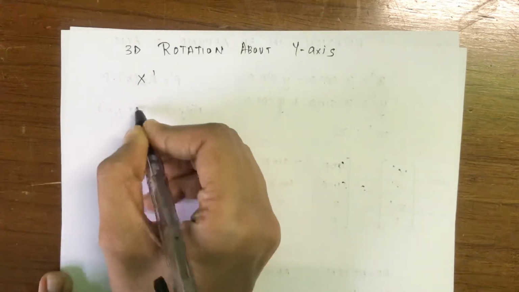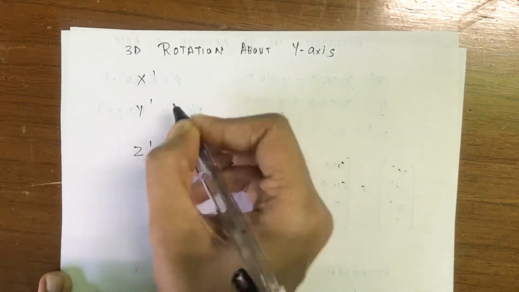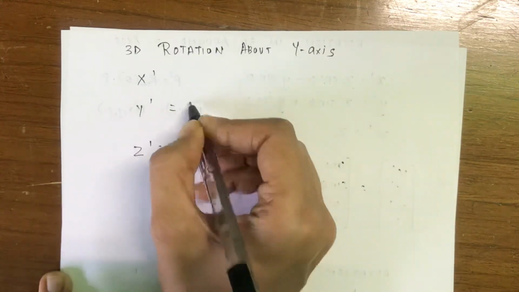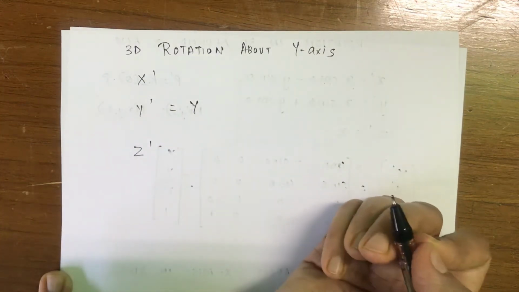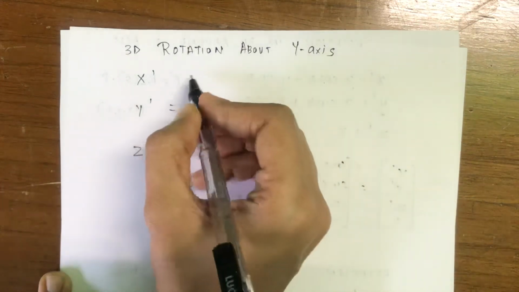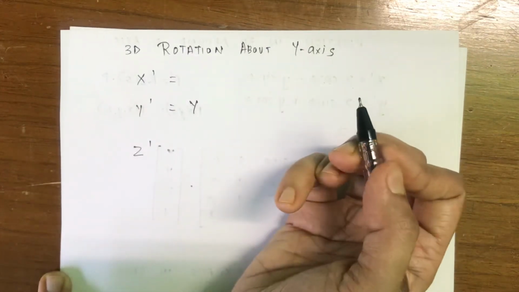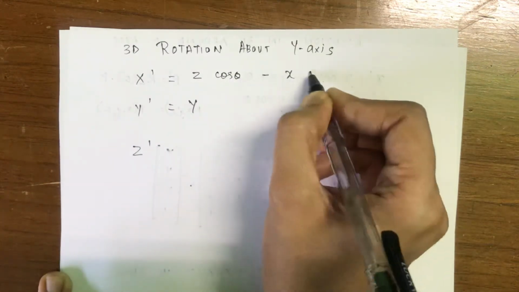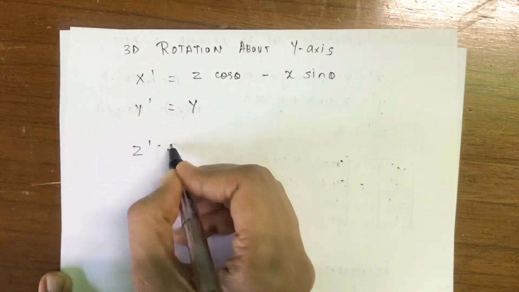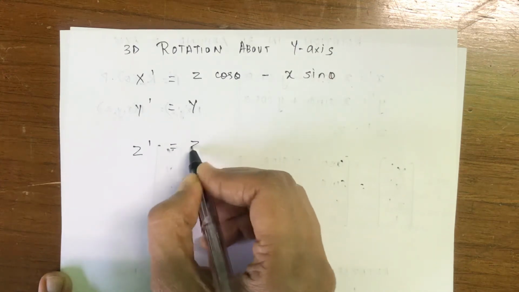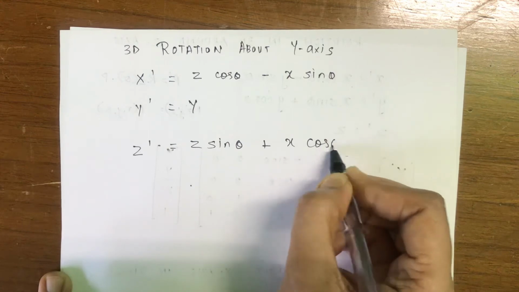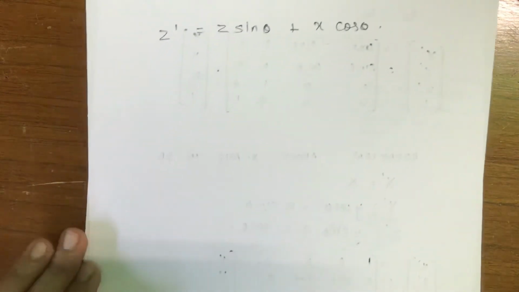This is my x dash, this is my y dash, and this is my z dash. Since we are performing 3D rotation about y axis, y dash is going to be equal to y, and x dash is going to be in terms of z and x now. So this is z cos theta minus x sin theta, and this is z sin theta plus x cos theta.